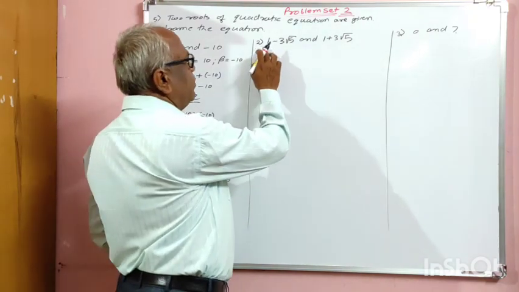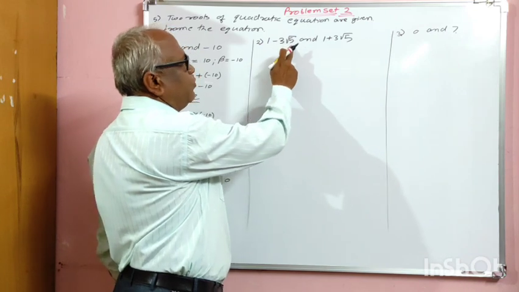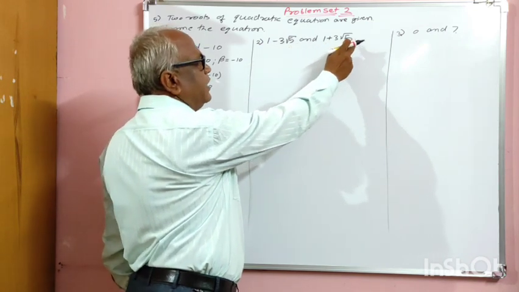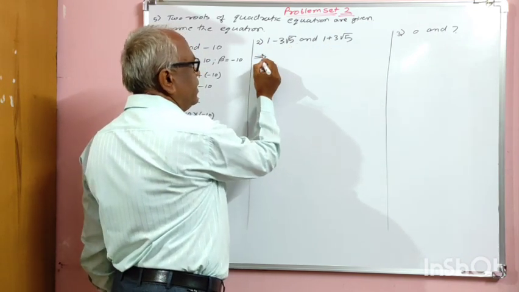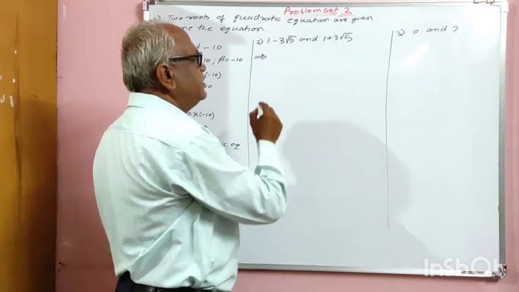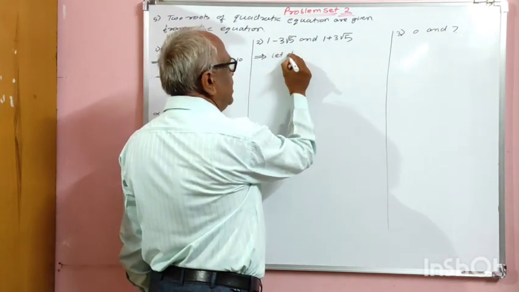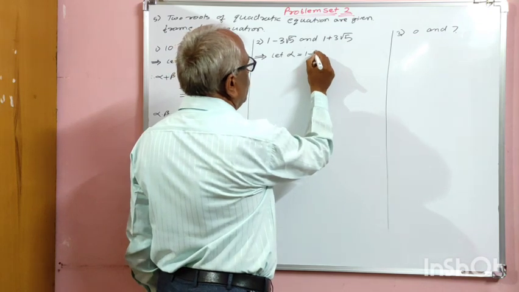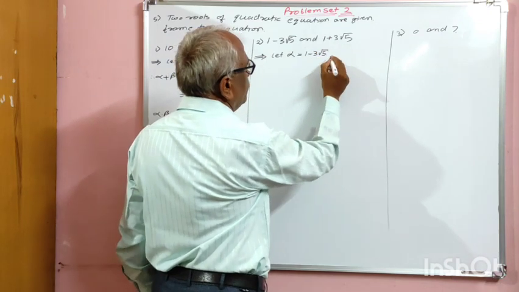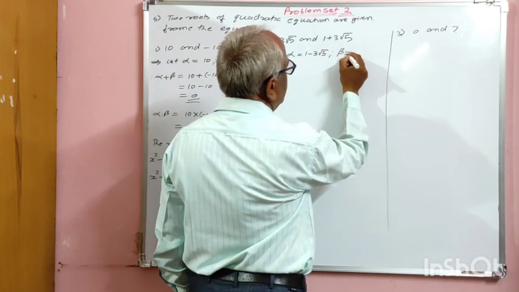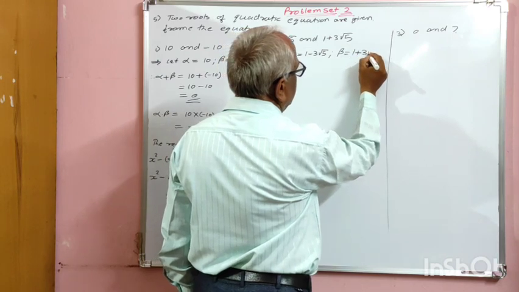Now here second one, 1 minus 3 under root 5 and 1 plus 3 under root 5. Here also we are considering that let alpha is equal to 1 minus 3 under root 5 and beta is equal to 1 plus 3 under root 5.